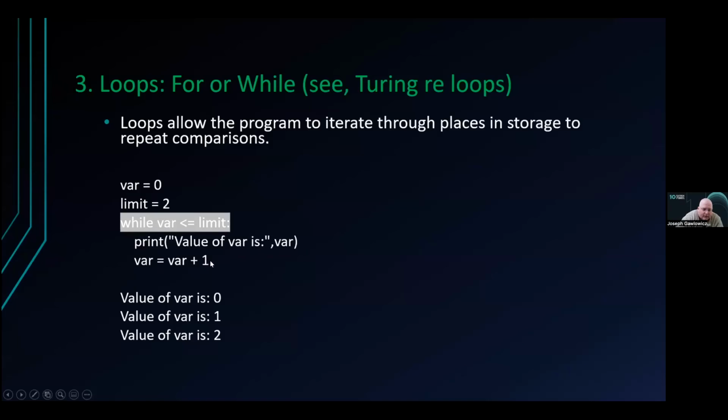Then once it adds 1 again on the second try, the limit is going to be 2, and it'll skip printing it because the limit is now 2, and it will stop. So what we'll have is the output that I have here below. The value of var is 0, then 1, and then 2, and then it stops. That's what looping does.